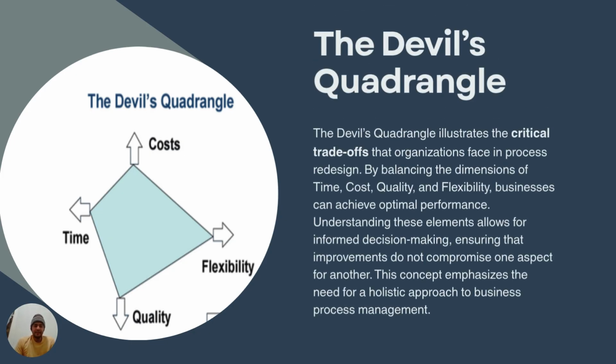In this slide, it's called the Devil's Quadrangle. This diagram shows us four main performance goals: time, cost, quality, and flexibility.